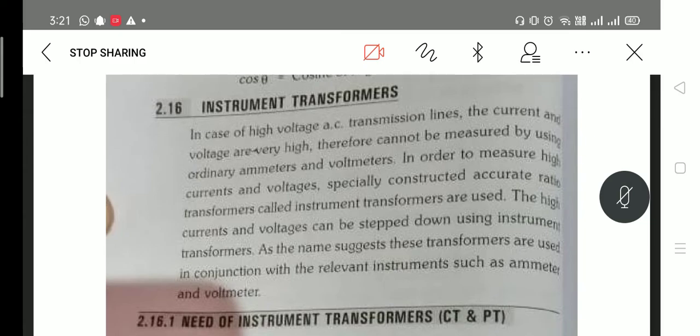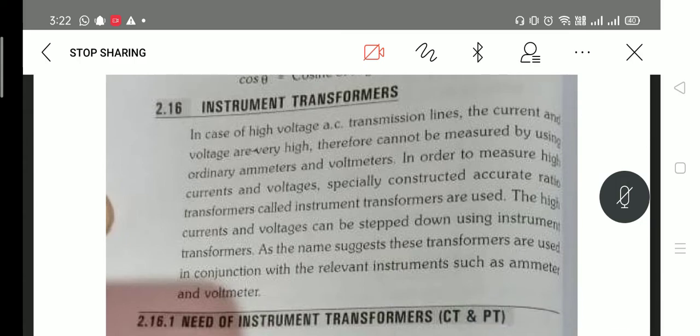So we use instrument transformers here, in order to measure the high current and voltages. The instrument transformers are of two types, that is current transformers and potential transformers. Using the current transformer and potential transformer, we can measure the high voltage and high current in the transmission lines.